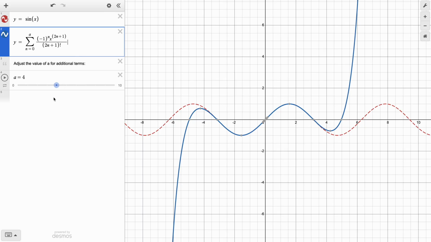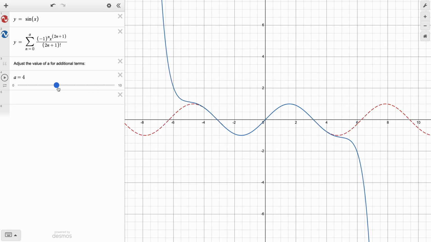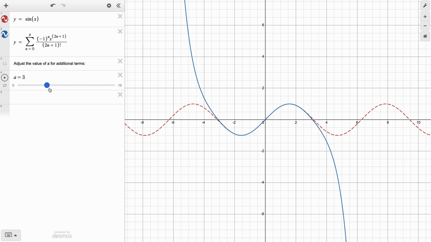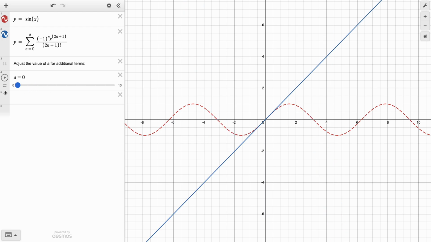It's essentially on sine, and if we add terms here, we will see that, boom, we have the Taylor expansion of sine x visualized for us.